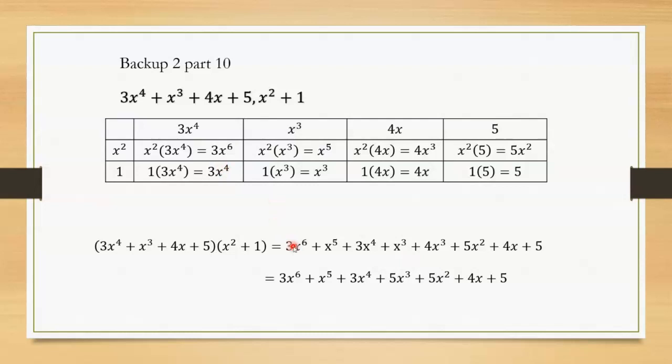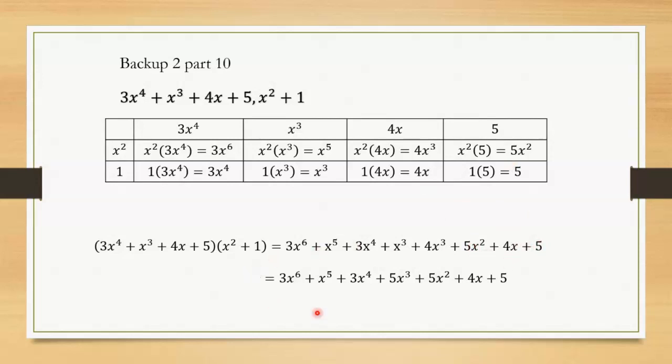So again, the terms that we just filled in are terms of the product, and now we add them up. So we have 3x to the 6th, x to the 5th, 3x to the 4, and there's no other x to the 4 term. We have x cubed and a 4x cubed. Those are like terms. We have 5x squared, 4x, then 5.